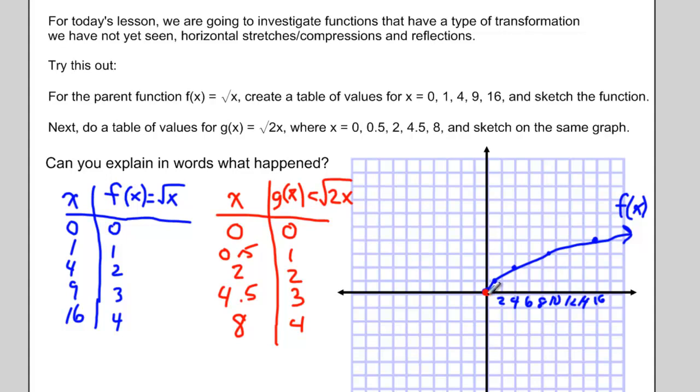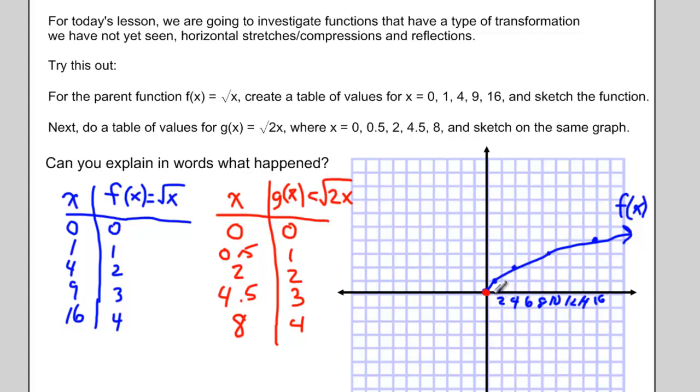So 0, 0 goes here. That didn't change. Half goes up to 1, so that's right around there. 2 goes up to 2. Mistake here, my half right there was slightly off.